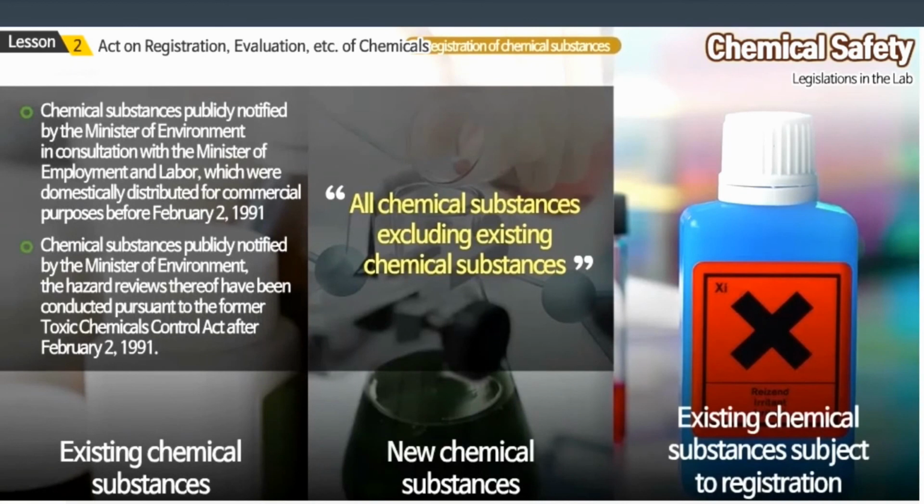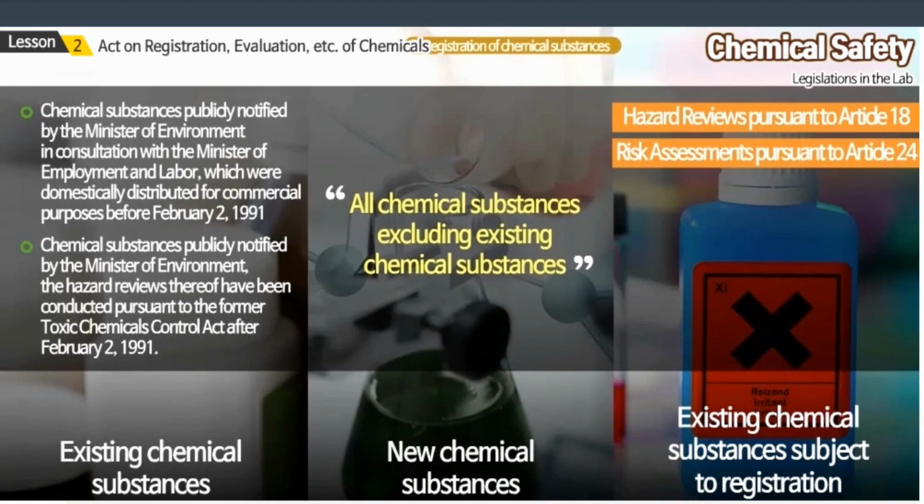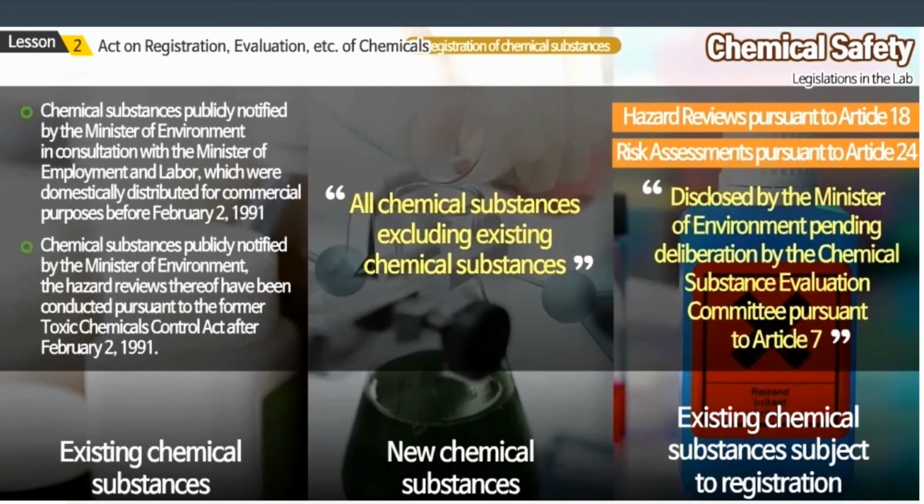Also, existing chemical substances subject to registration refer to existing chemical substances that require hazard reviews pursuant to Article 18 or risk assessments pursuant to Article 24 as part of the registration process. The Minister of Environment discloses such substances pending the deliberation by the Chemical Substance Evaluation Committee established under Article 7 of the Act.